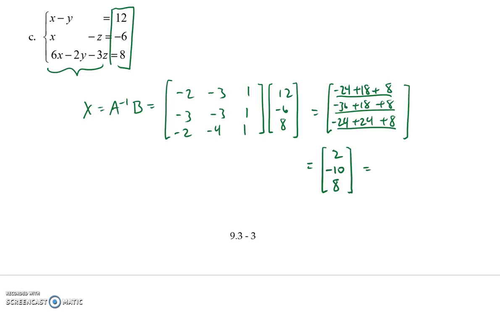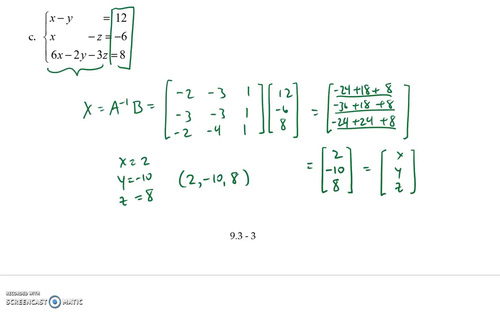We'll see this represents the column matrix X, Y, Z. That is X. So it follows that X would be 2, Y would be negative 10, and Z would be 8. Or we can write our unique solution as the ordered triple 2, negative 10, 8.